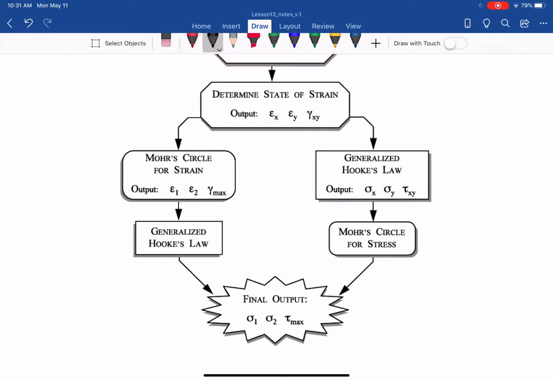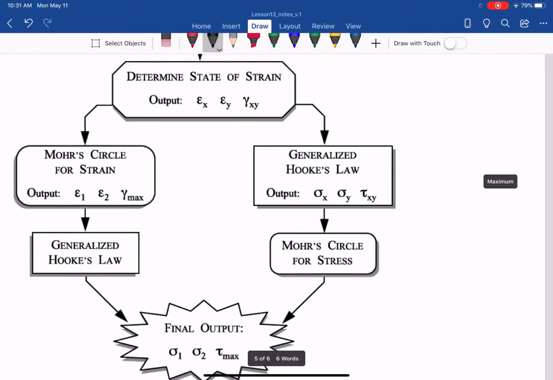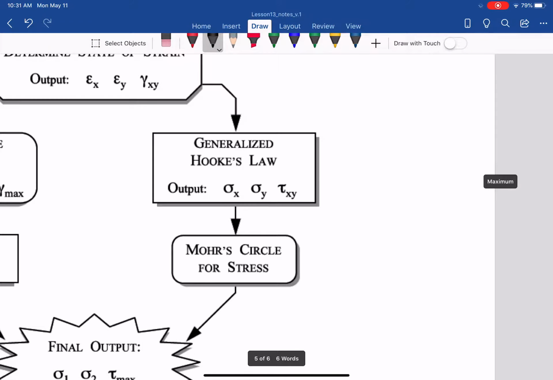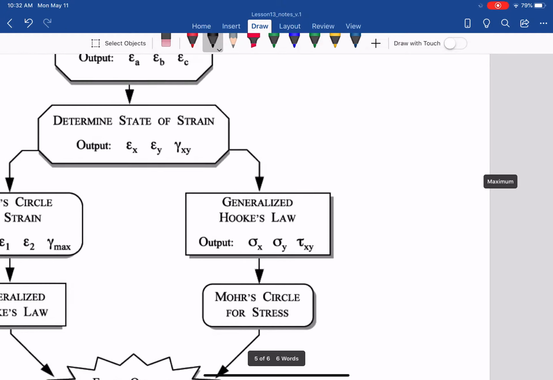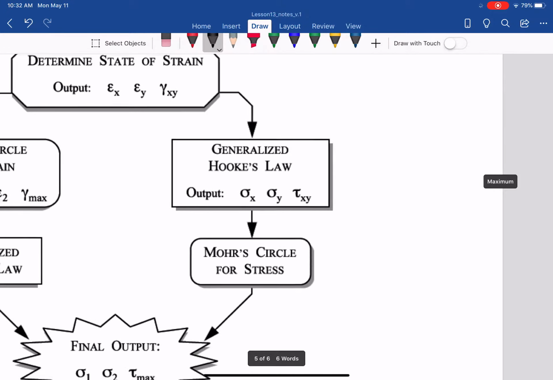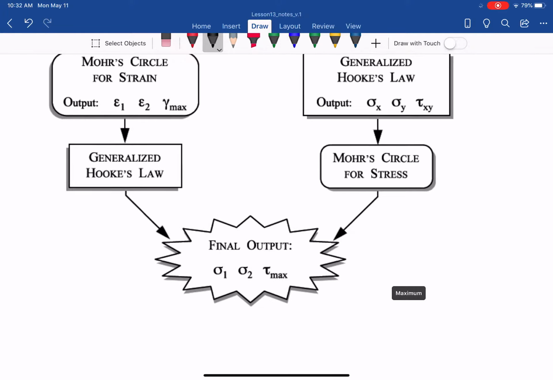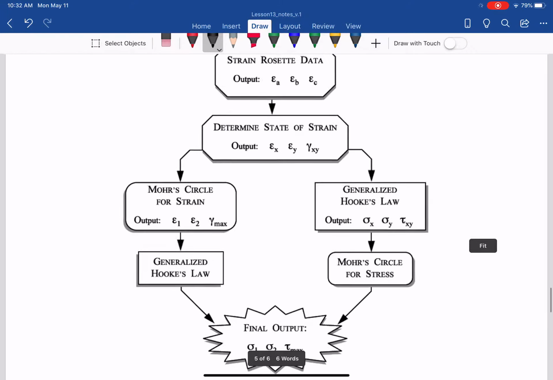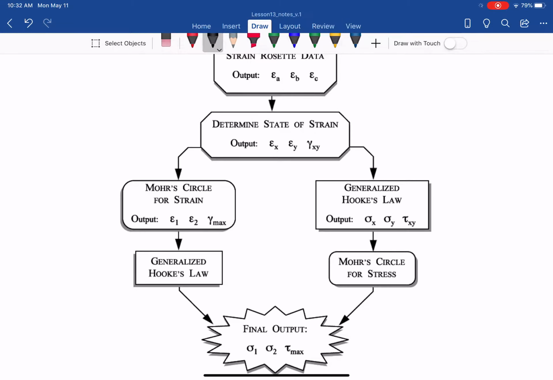And I task you to practice the same problem with the other process on the right. Generalized Hooke's law, then Mohr circle: use generalized Hooke's law to find sigma x, sigma y, tau xy, and then draw the Mohr circle for stress and find sigma 1, sigma 2, and tau max. Both ways, both processes will go to the same destination, which is sigma 1, sigma 2, and tau max.